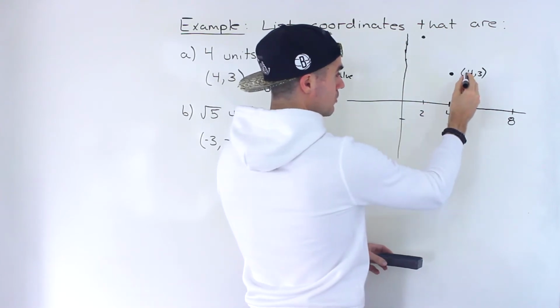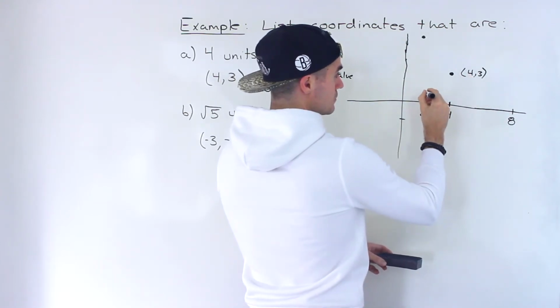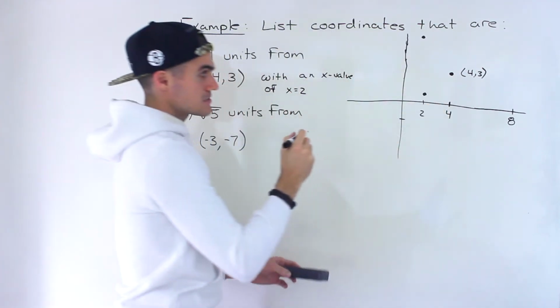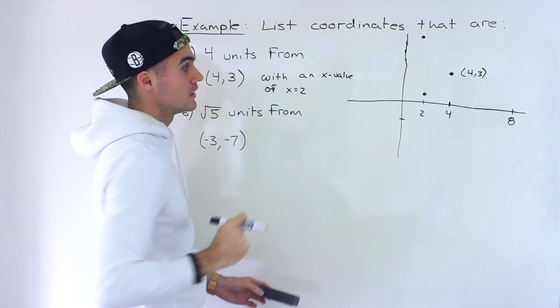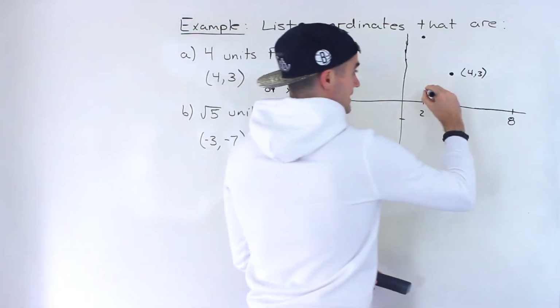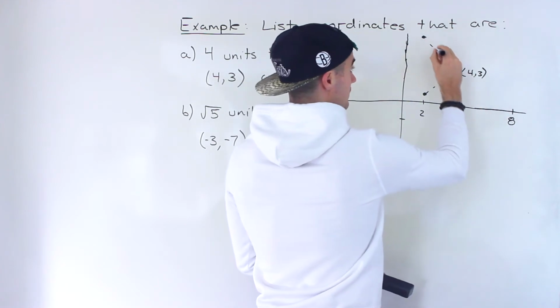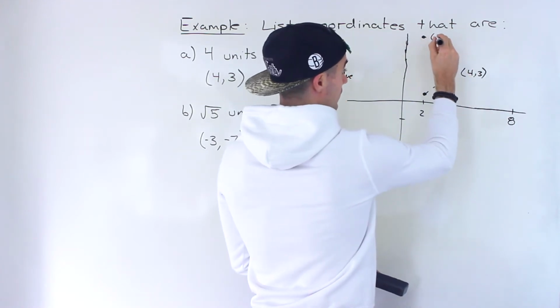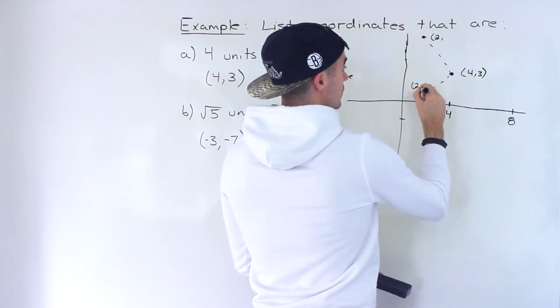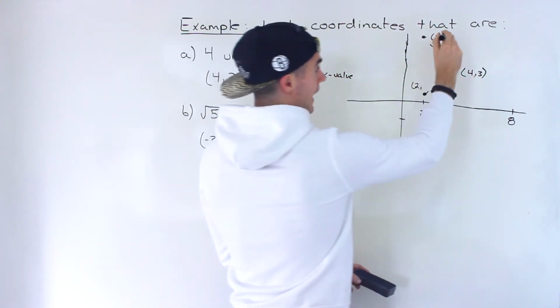If it's at (4, 3) and then at 2, let's just assume for now it's going to be above the x-axis. But if we end up getting an answer below, then we could plot that then. So notice it's going to be a slant distance, and both of these points are going to contain an x value of 2. The question is, how would we get the corresponding y value?